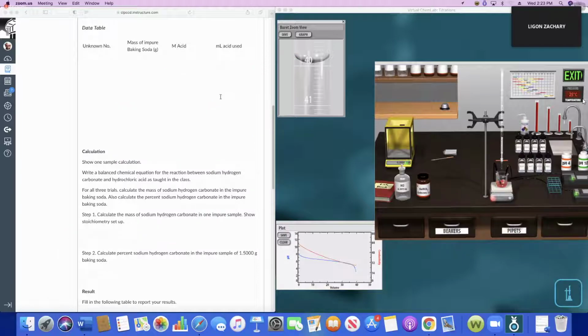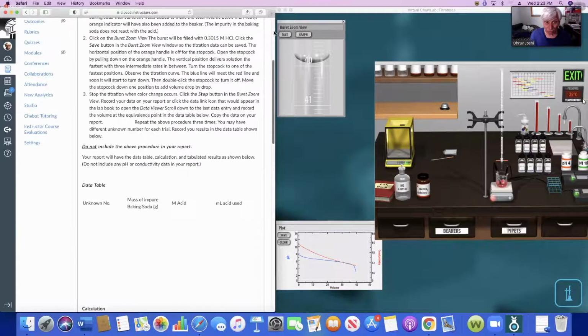Wait, Professor, why would it be SHC? A good question. Why would it be SHC? What is the purpose of this experiment? The purpose of the experiment is to analyze the baking soda. What do we mean by analyzing baking soda? That means we want to know how much of this baking soda is really reacting and how much of it is not reacting.